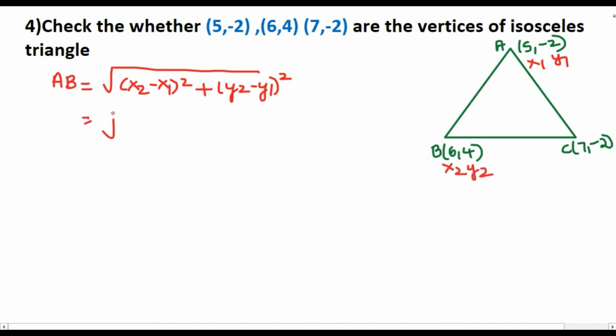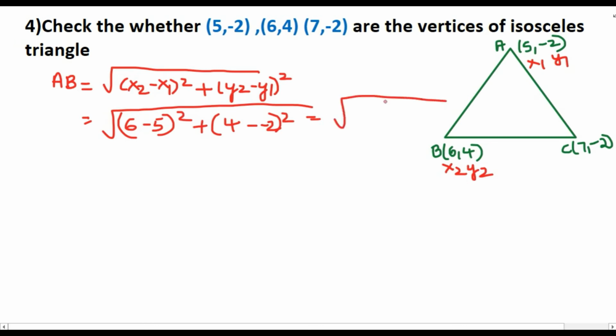Now we substitute the points: 6 minus 5 the whole square plus 4 minus 2 the whole square. 6 minus 5 is 1 square and 4 plus 2 is 6 square. So 1 plus 36, which is root 37 units. Now AB is root 37.